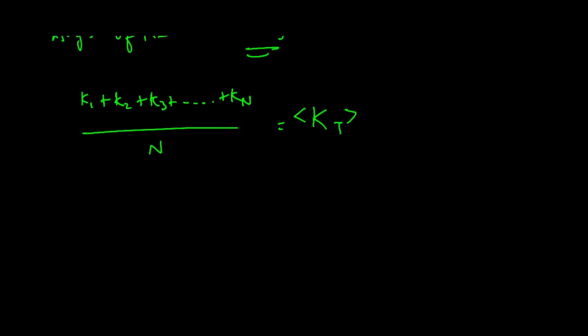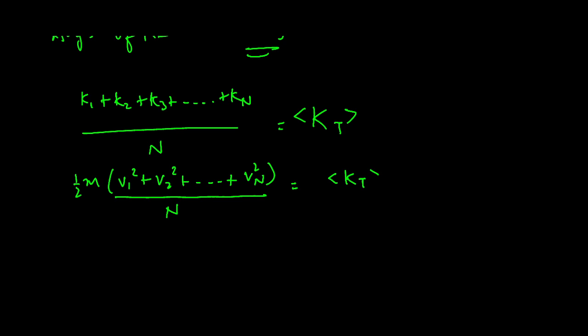Now, when you start putting these formulas, which formula? K1 is half m V1 square, K2 is half m V2 square, and like that. Do you see we are automatically getting the RMS kind of formula?